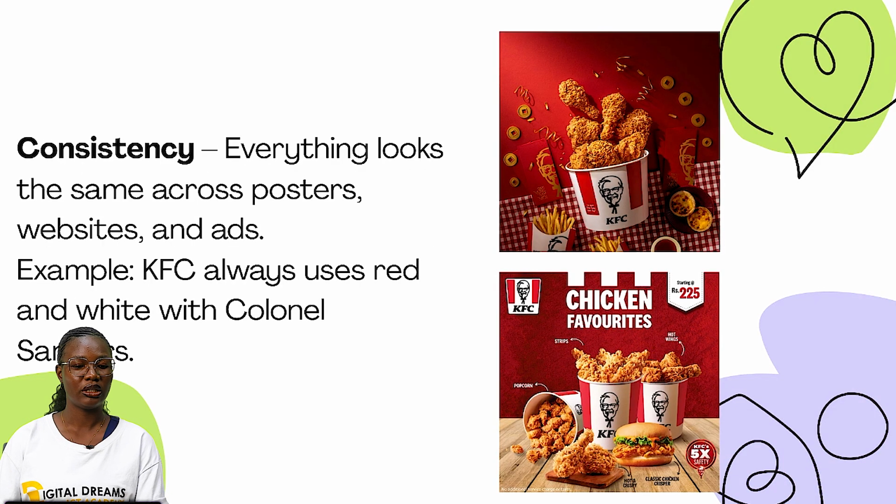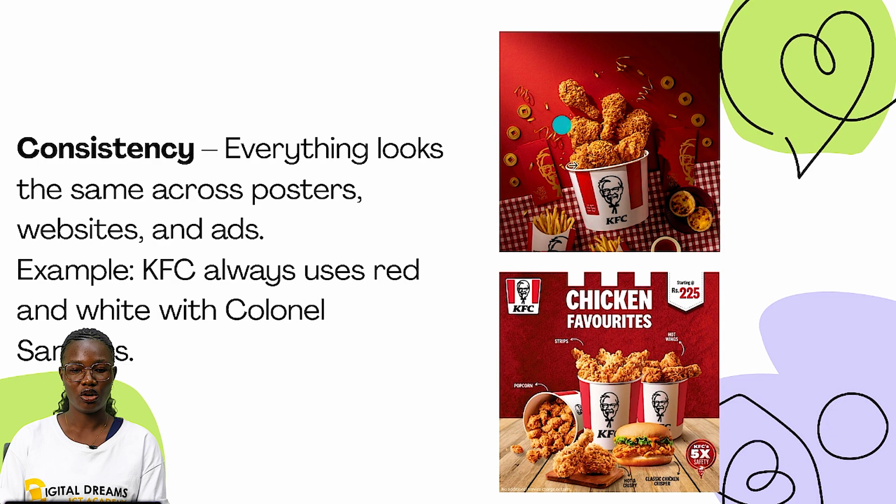The next one is consistency. Everything looks the same across posters, websites, and ads. For example, KFC is always red and white, with Colonel Sanders. Look at these two flyers now: there's something they have in common, and that is the brand color.